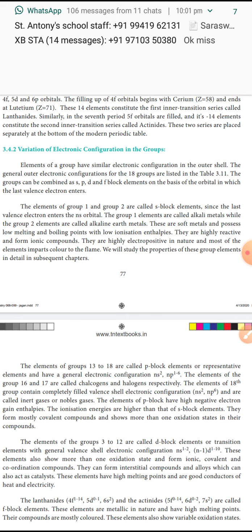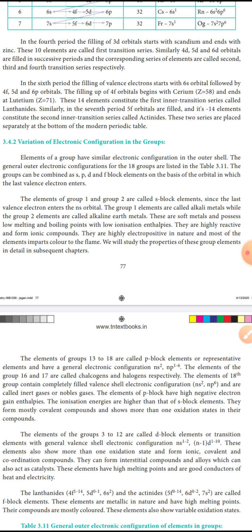The group 1 elements are called alkali metals. Group 2 elements are called alkaline earth metals. Group 1 and 2 elements are called s block elements. These s-block elements are soft metals.